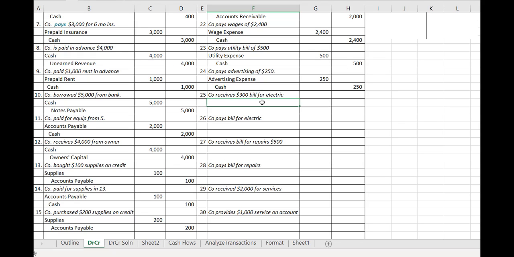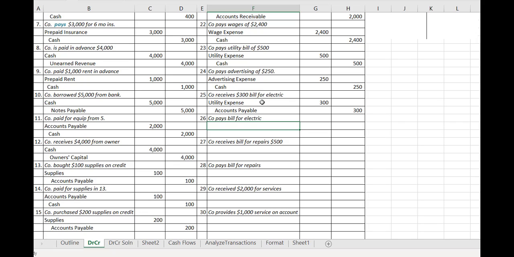All right, it was used in generating the revenue. So I'm going to have, well, you could have electric, but we can just call it utility expense for 300, and this would be accounts payable, $300.